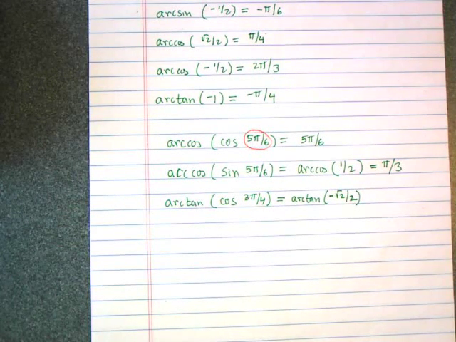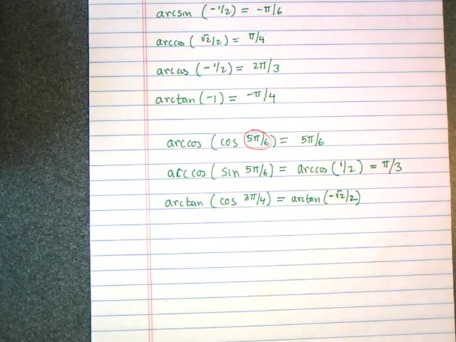Because the tangent of pi over 4 is 1, not square root of 2 over 2. No, the tangent of pi over 3, I believe, is square root of 3, and the tangent of pi over 6 is square root of 3 over 3. There is no square root of 2 over 3.